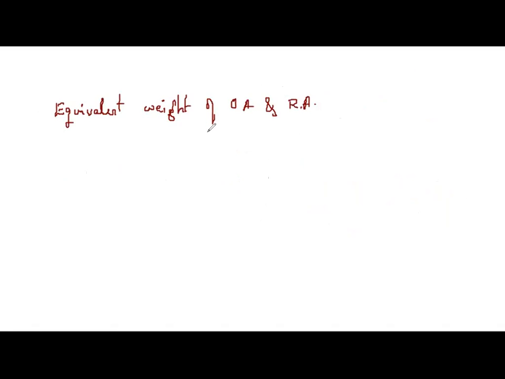The equivalent weight of a substance, whether it is an oxidant, that is oxidizing agent, or a reductant, that is reducing agent, is equal to, let me write here, equivalent weight of oxidant is the ratio of molecular weight divided by number of electrons.